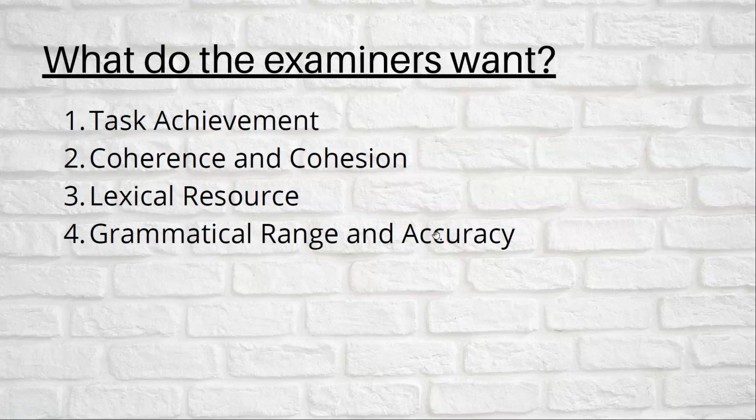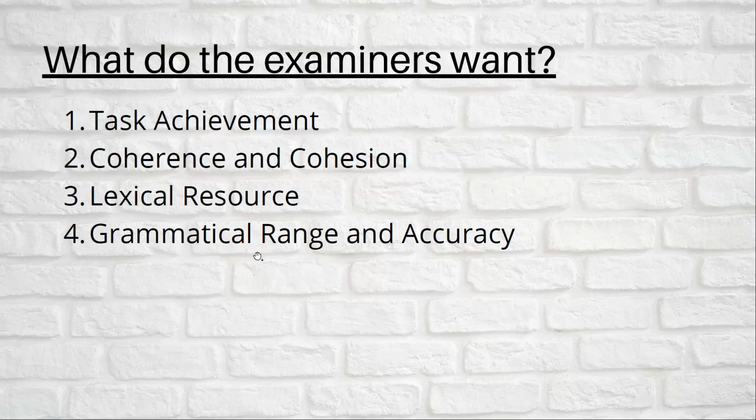The use of verbs, the use of first, second, and third person, the use of adjectives or adverbs or any such thing that is there in the basic language. Are those things correct or not? That's grammatical accuracy.